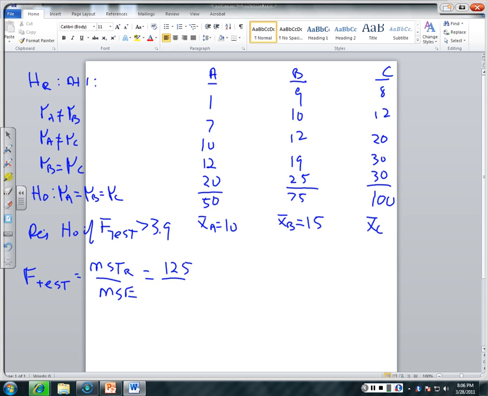And X bar C was equal to 20. So again, that's all the same means, the same MSTR. So now I'm going to get the variances. So x of i minus x bar, and then square those. So I'm subtracting 10.